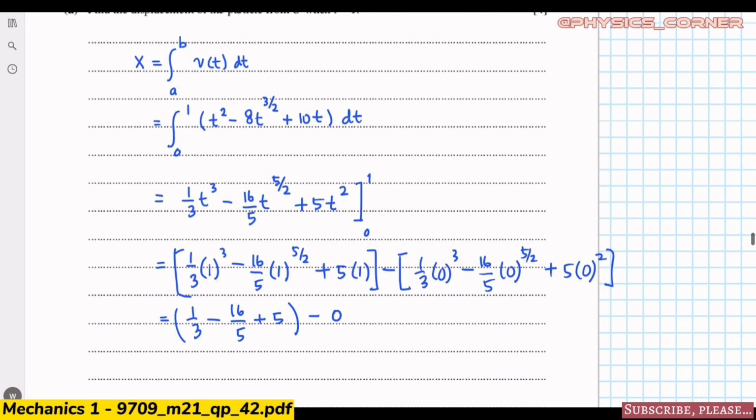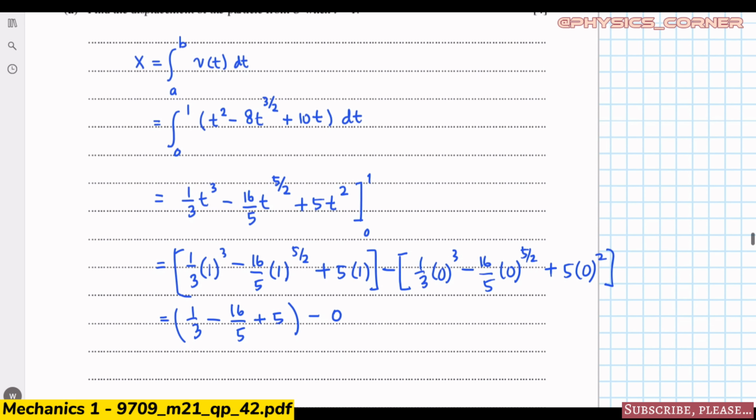So we have, how much is it? Wait, I will use the calculator. 1 over 3 minus 16 over 5 plus 5.